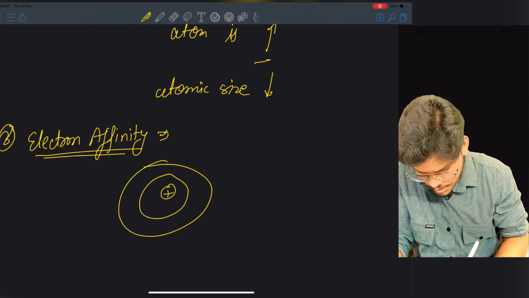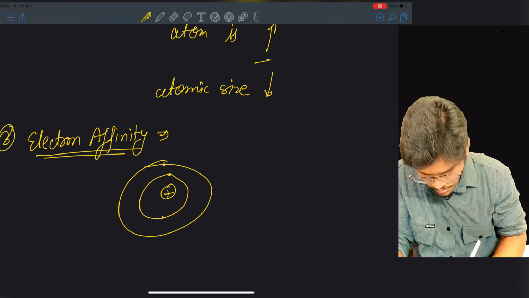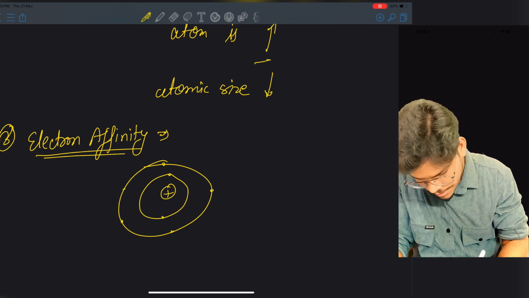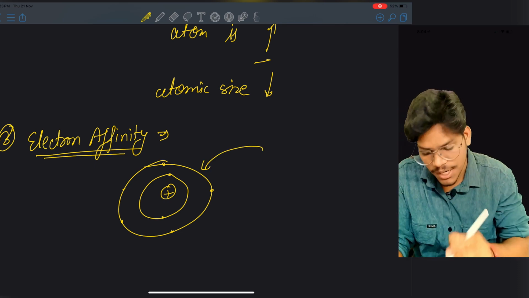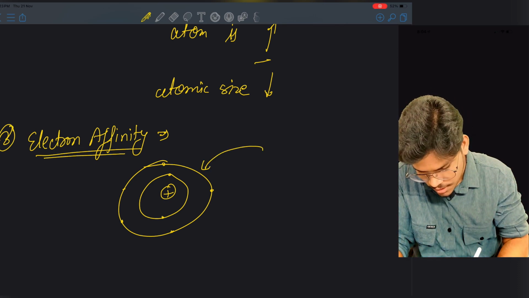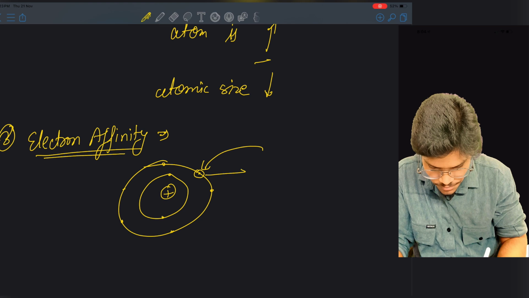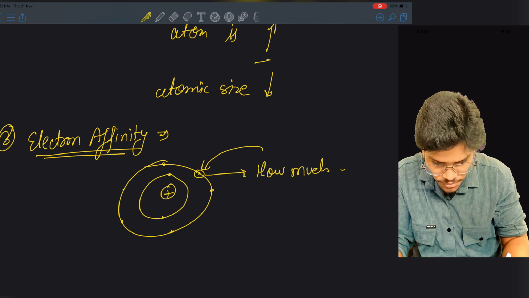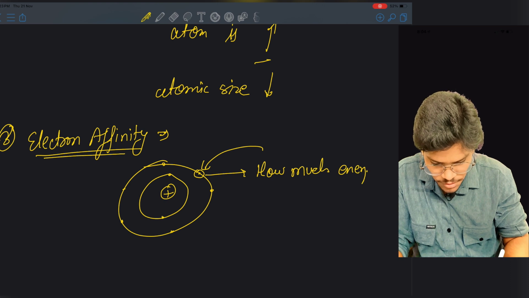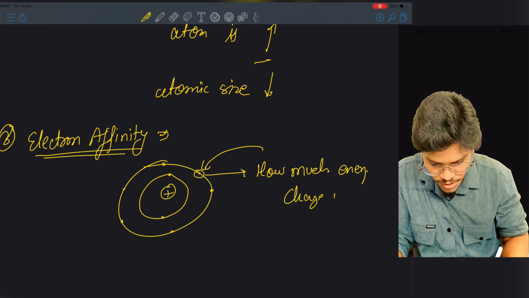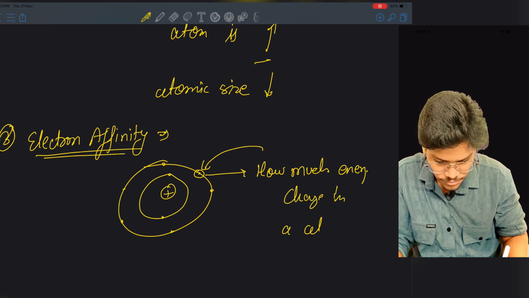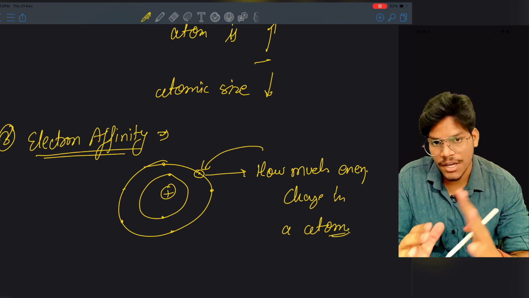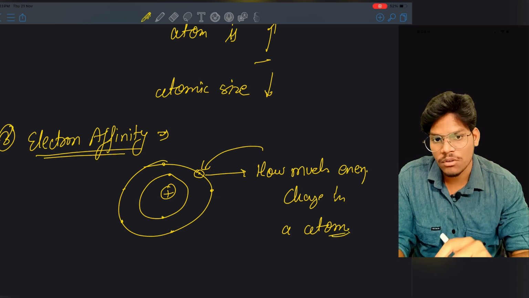Okay, here is the electron, like this. So when we add one more electron to this atom, how much is the energy change in the atom?